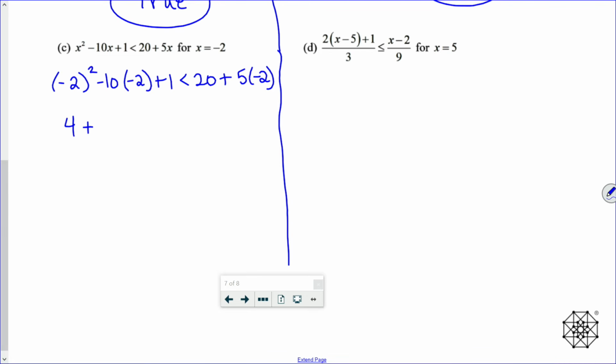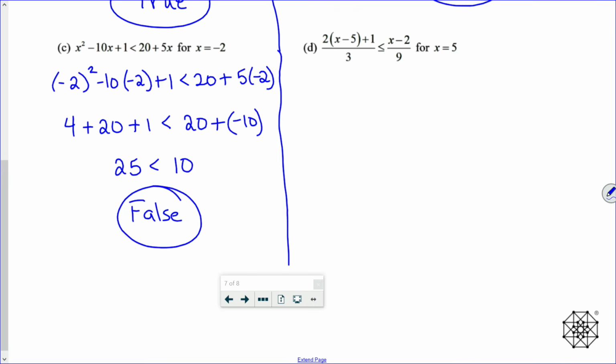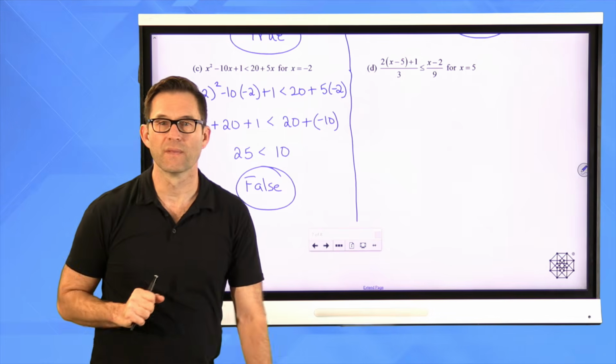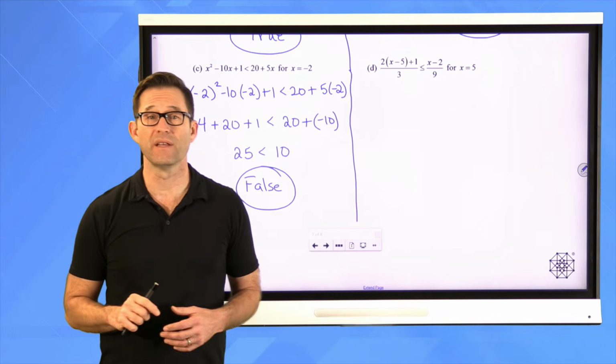Negative 10 times negative 2 is positive 20. Plus 1 is less than 20 plus negative 10, right? 4 plus 20 plus 1 is 25, less than 10, and I'm pretty sure that is false. Okay, that one's easy to judge. 25 is less than 10.